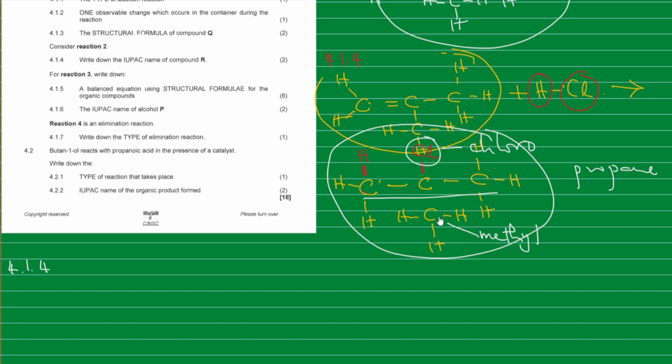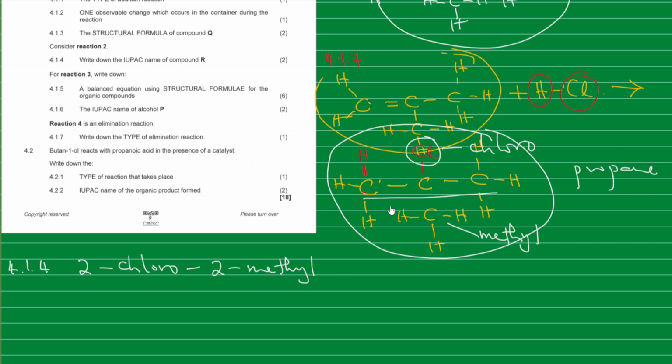We start alphabetically, so we start with chloro, then we go to methyl. So our answer will be carbon number 2, I've got a chloro, dash, at carbon number 2 again, I've got a methyl.